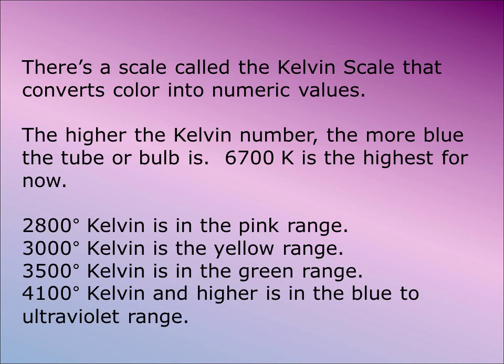2800 Kelvin is the pink range, and you can find many bulbs, tubes, and LEDs in this range. Sometimes it's difficult to find them, and you have to settle for 3000 Kelvin, which is just a little more toward the orange side, but it's all friendly. 3000 Kelvin is the orangey yellow range, and this is also our friend. 3500 Kelvin is the green range, and 4100 and above or higher in value is in the blue to ultraviolet range.